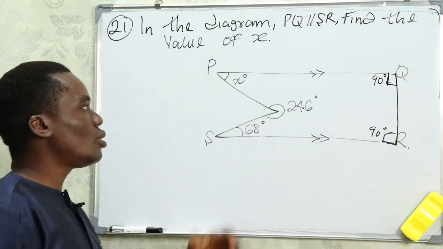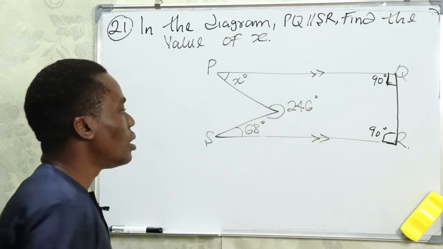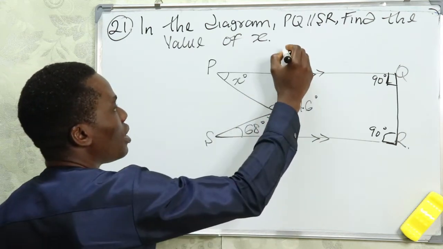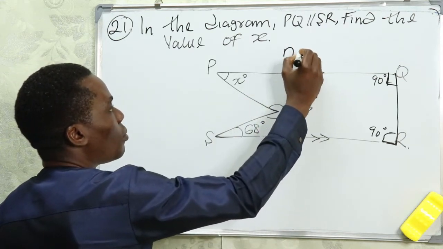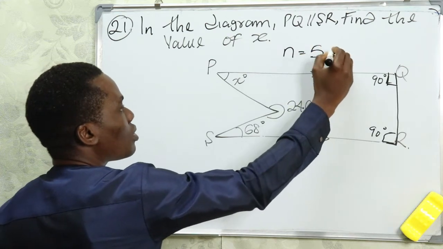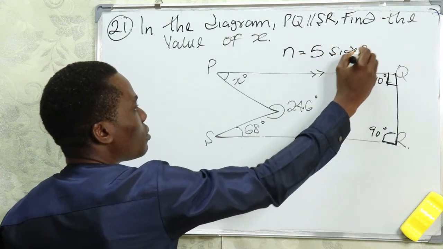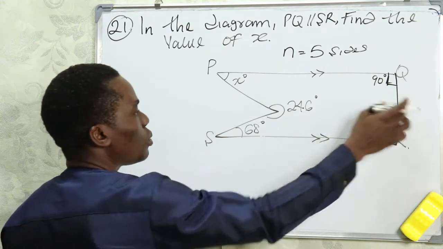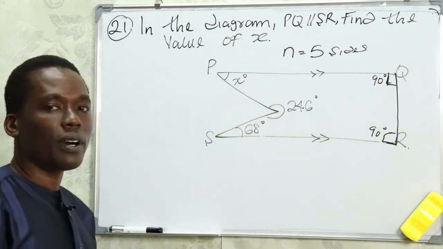Now if we take this to be a polygon, it will be a five-sided polygon, because we have 1, 2, 3, 4 and 5 sides.